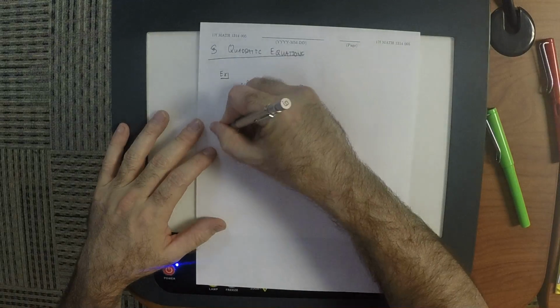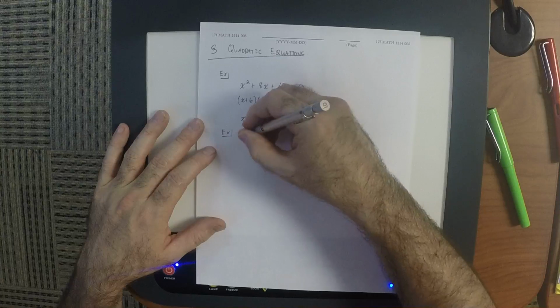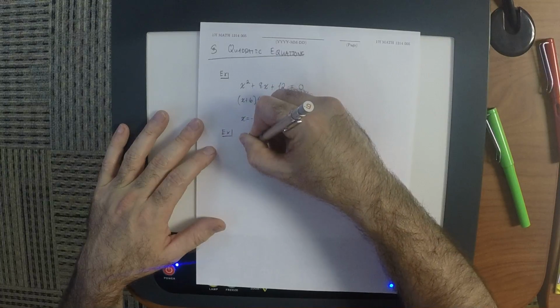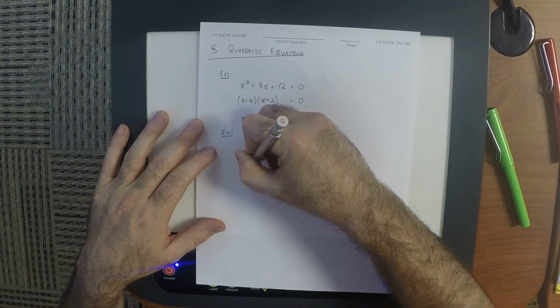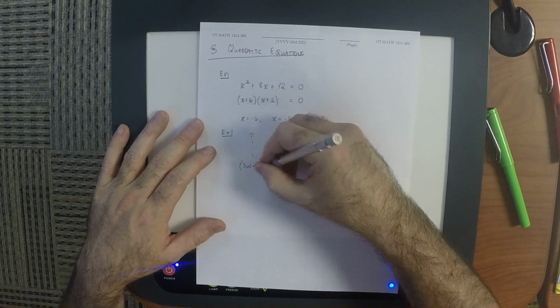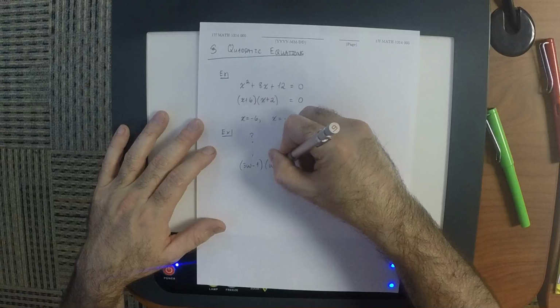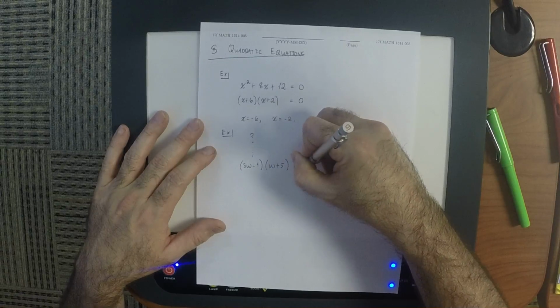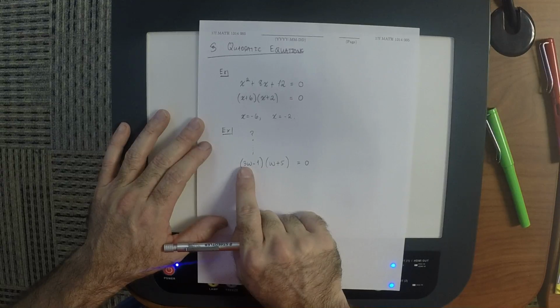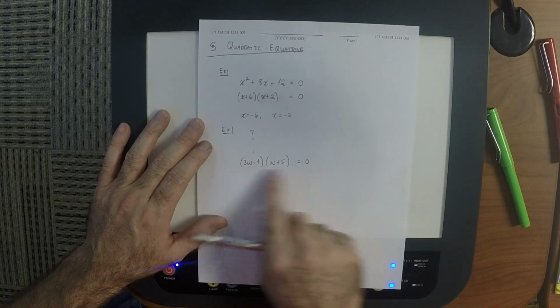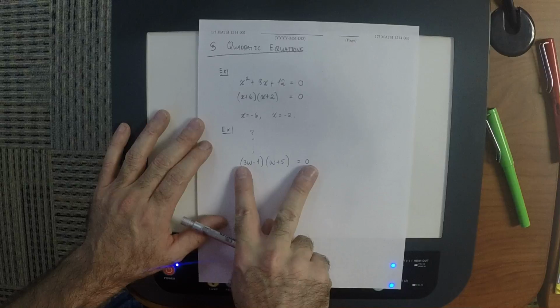So that is to say, if I gave you some polynomial and you got it down to, say, (3w - 1)(w + 5) = 0, so it was non-monic, and because there's that 3, there would be two possibilities for this equation to be true.